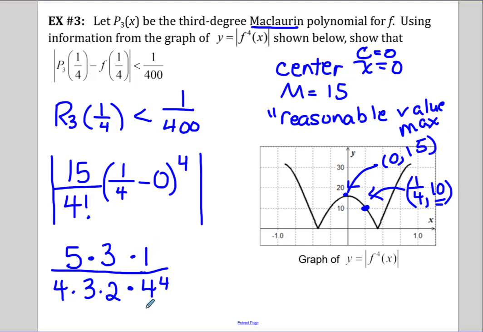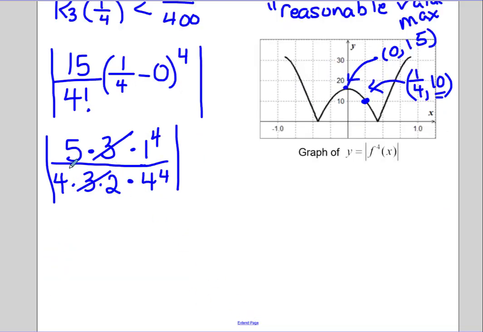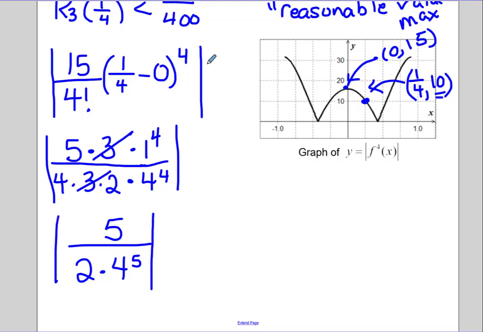Think of that as 1/4 to the 4th power. So the 3's would be removed, and we would have 5 in the numerator and 2 times 4 to the 5th in the denominator, and we want this to be less than 1 over 400, correct?